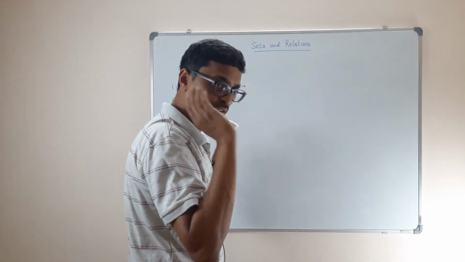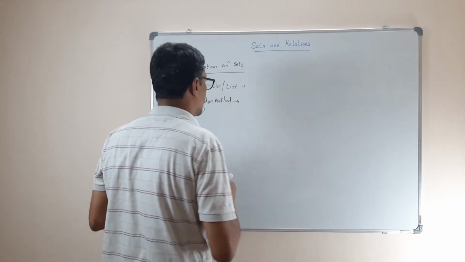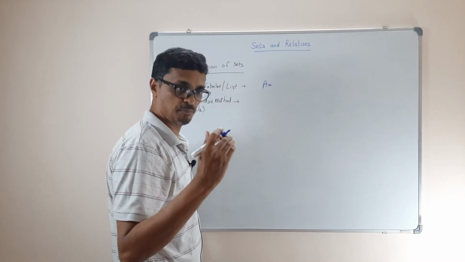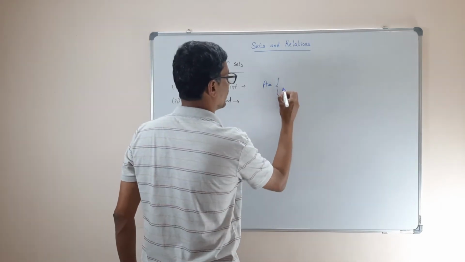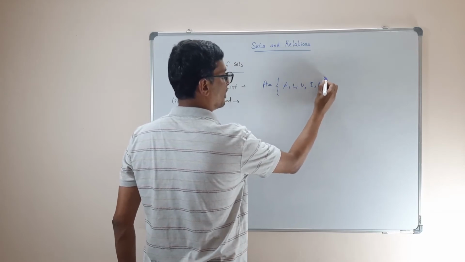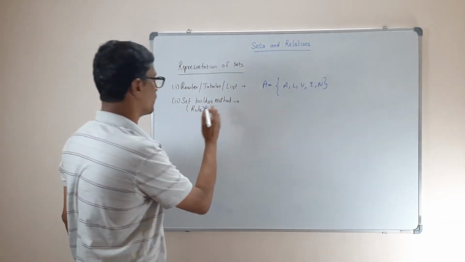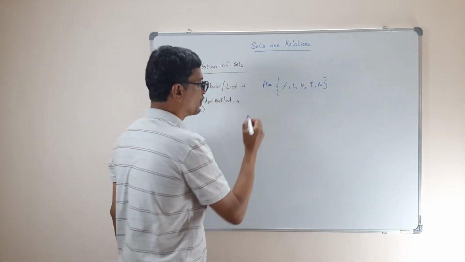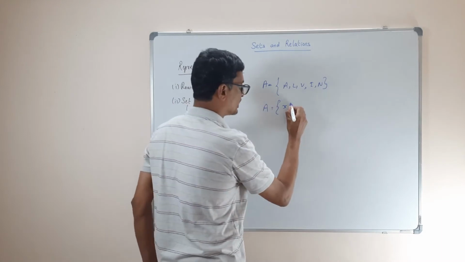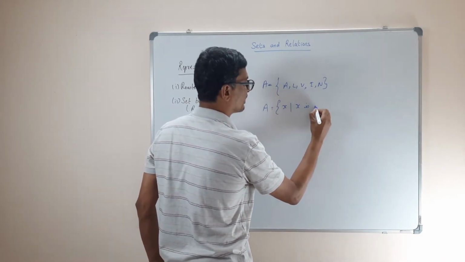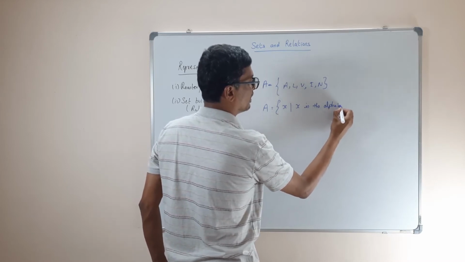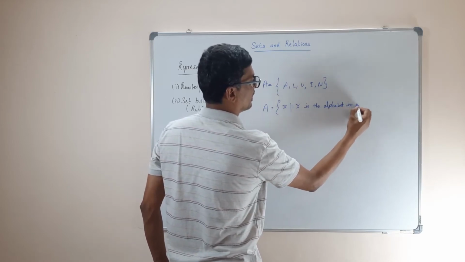For example, let us go to the same one we have done. First one, we had the A. What was A? A is the alphabets in your name: A, L, V, I, N. In set builder form, if you want to represent this symbol, I write: A is X such that X is the alphabet in the name.